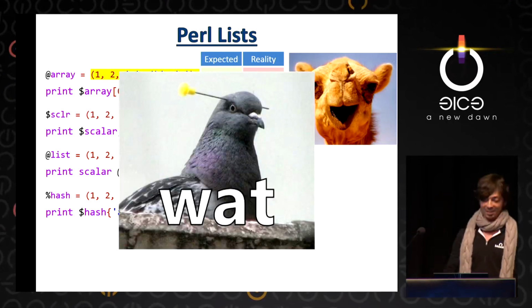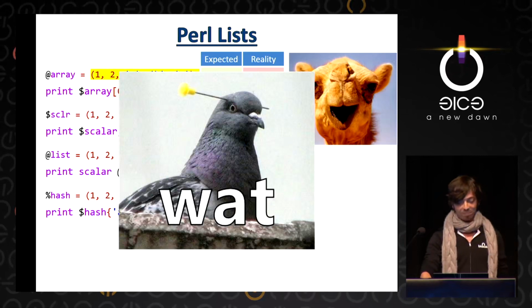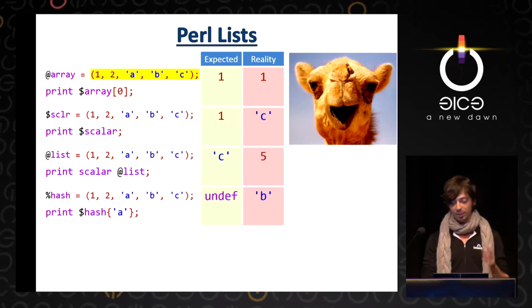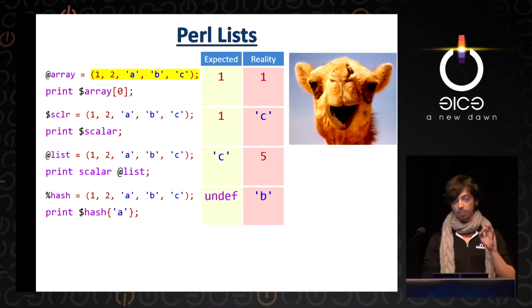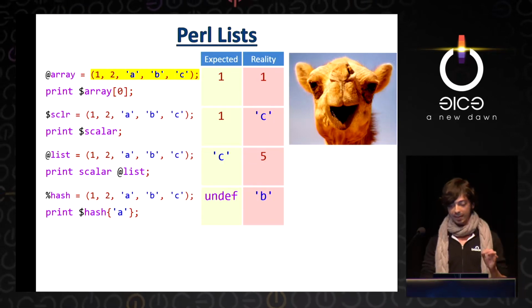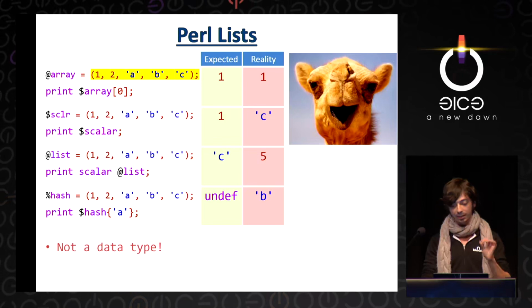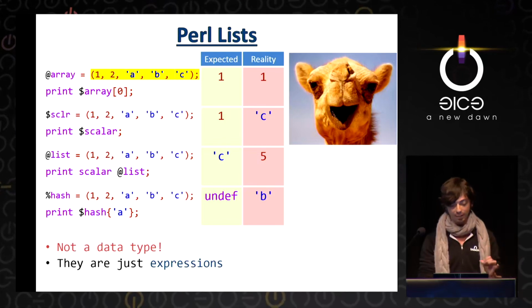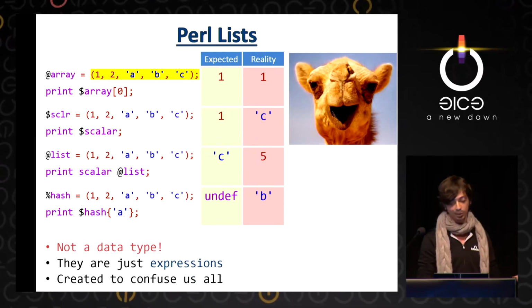What? But we'll dive into this behavior later. Meanwhile, it's important that you understand that this happens because a list is not a data type. It's just an expression, obviously created to confuse us all.